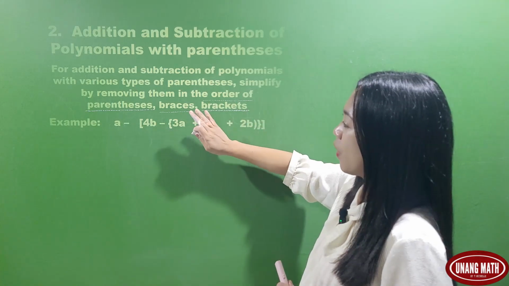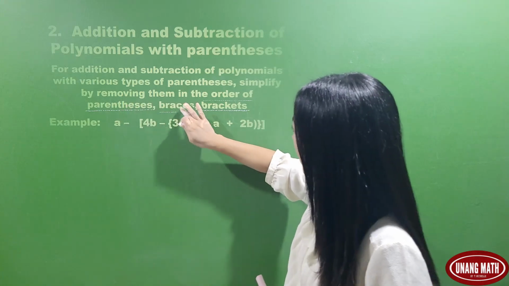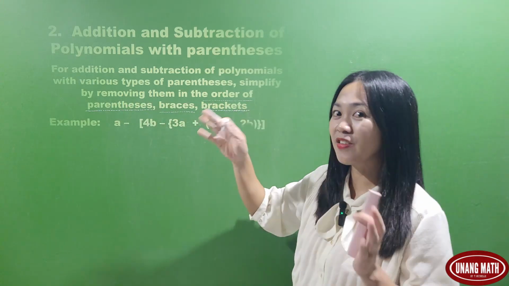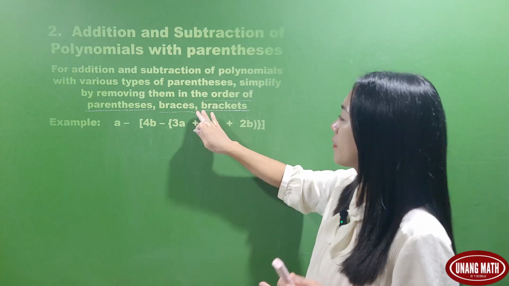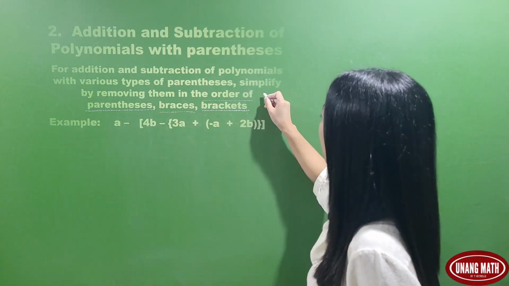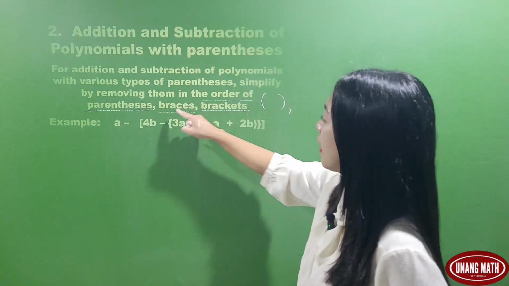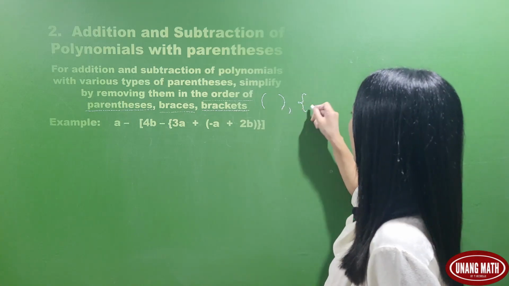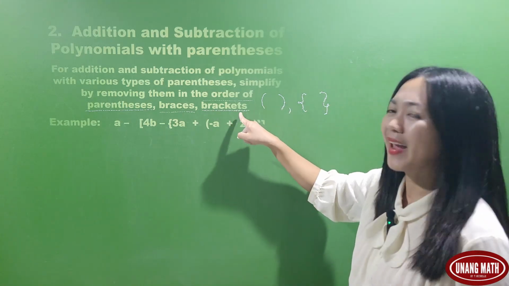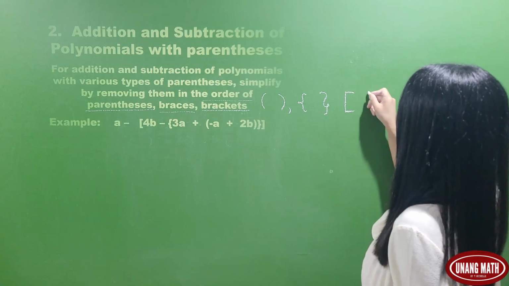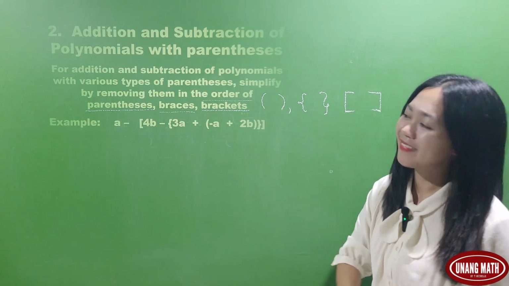It means when you see these three in just one given problem, first simplify the expression inside the parentheses, followed by the expression inside the braces, and lastly inside the brackets.